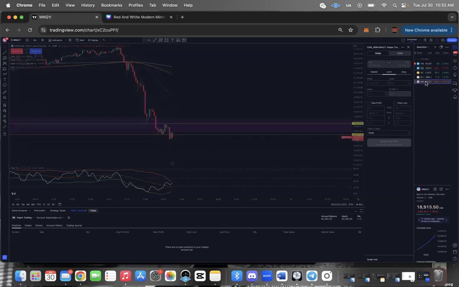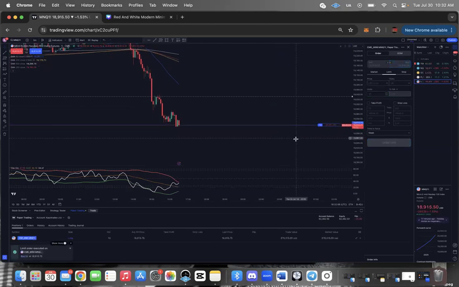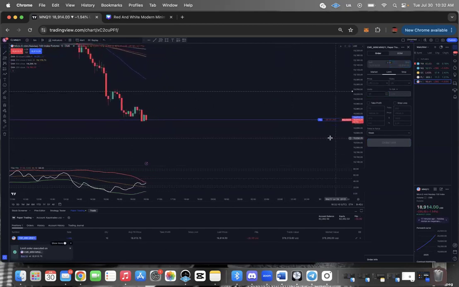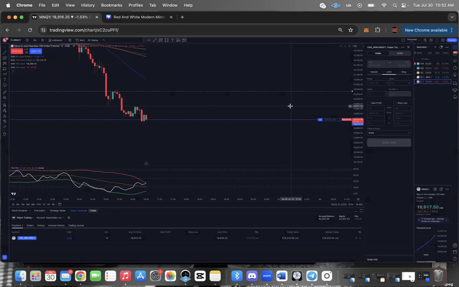However, if I go to mini, I can enter 10 contracts, right? So now I have the same risk capital as 1 contract, but what I can do is set my TPs. So say I've got TP1, TP2.